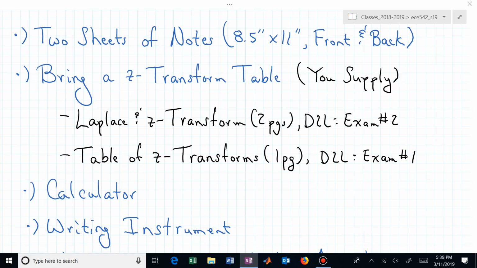You have to remember, if we have anti-causal, there's a sign reversal when we go from time domain to frequency domain. If you have an anti-causal waveform, you need to make sure that when you're going back and forth you flip the sign in the transition from frequency to time or time to frequency.